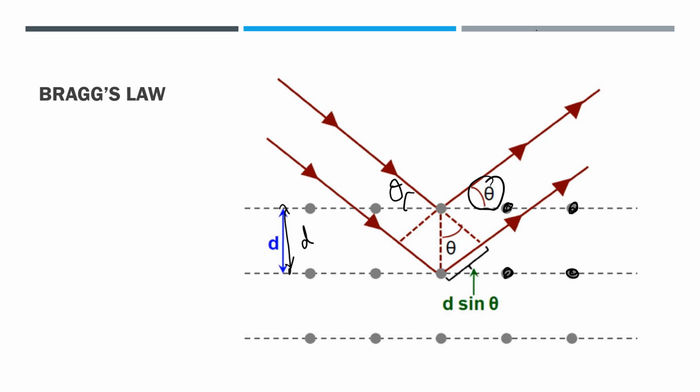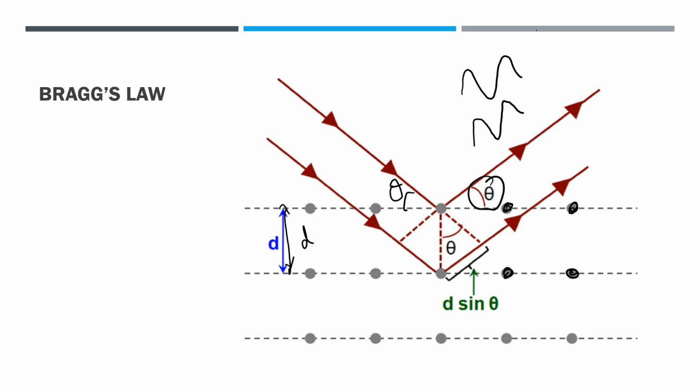That's a lot of words, but what does that even mean? If I look at a certain light wave, so let's have a light wave here and a light wave here. Constructive interference means that when these two light waves meet, their peaks are exactly in the same position and their troughs are exactly in the same position.